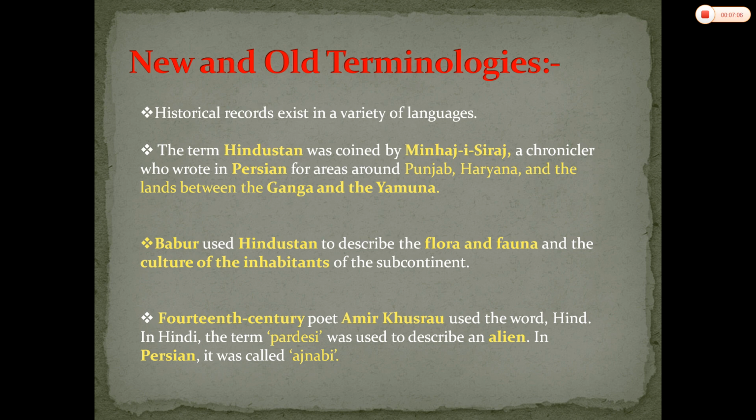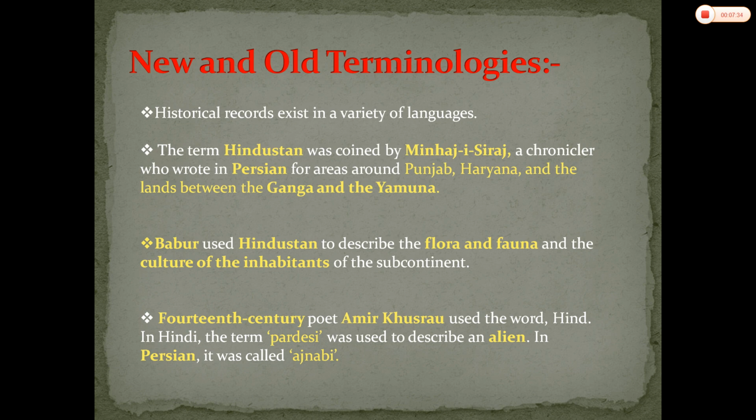Babar used Hindustan to describe the flora and fauna and the culture of the inhabitants of the subcontinent. See, when Babar entered India, he used the term Hindustan in a different way. Minaj Siraj used this term in a different way, and Babar used this term in a different way. Flora means the plants and the vegetation.